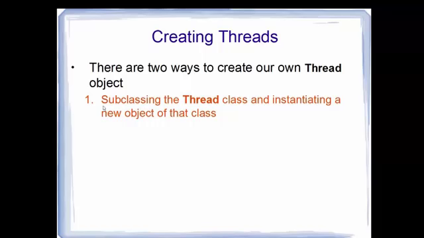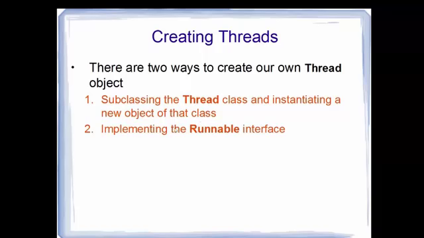One is subclassing from the Thread class. There is a Thread class in Java, and then we instantiate a new object of this class, and then we can create the thread.